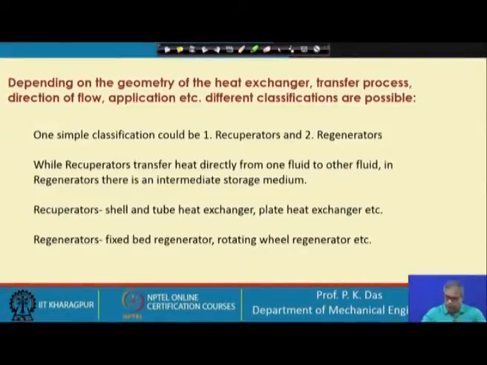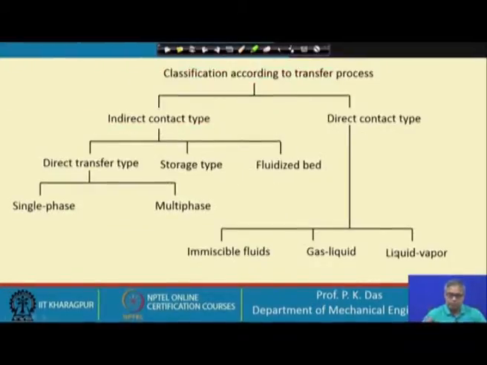Now, let us go to another type of classification, classification according to transfer process. If you recall, we have already mentioned this in our last class, maybe as an introduction.